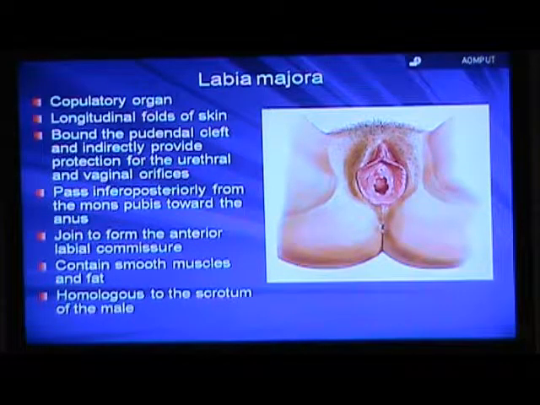The labia majora pass infero-posteriorly from the mons pubis toward the anus. They join to form the anterior labial commissure. The labia majora contain smooth muscle and fat, and they are homologous to the scrotum of the male. And remember that the round ligaments of the uterus end in the labia majora.